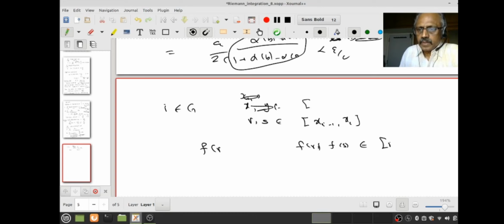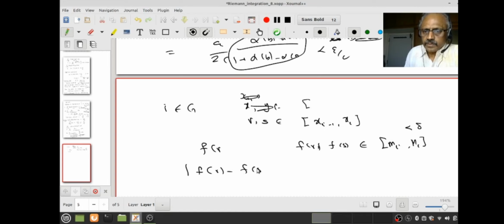They are in [m_i, M_i], and this length is less than delta. Therefore what we computed is |f(R) - f(S)| is less than delta if R, S belong to the interval [X_{i-1}, X_i]. Is that clear?